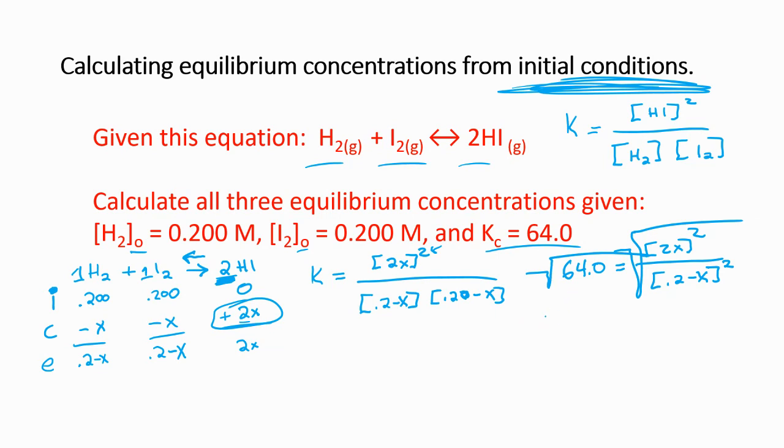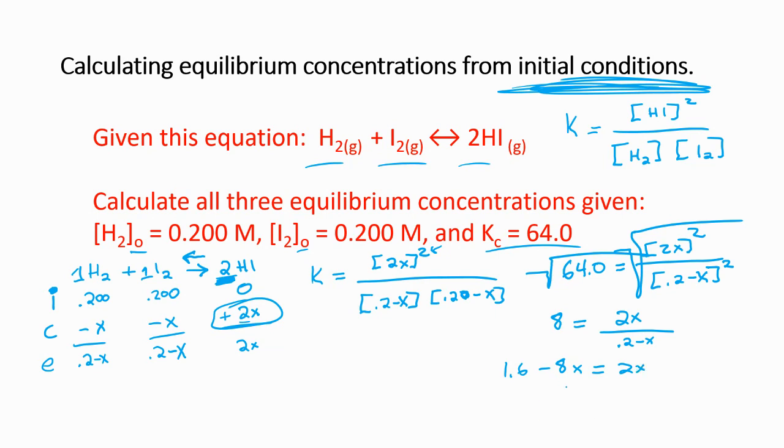So if I take the square root of 64, I get 8 equals 2x over 0.2 minus x. So I'm going to cross multiply and say 8 times 0.2, which is 1.6, minus 8x equals 2x.